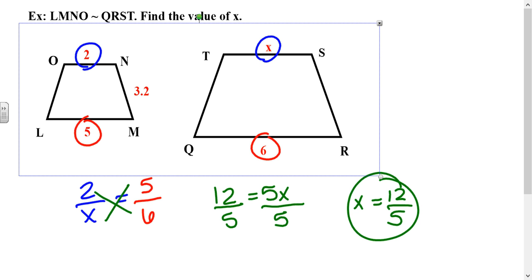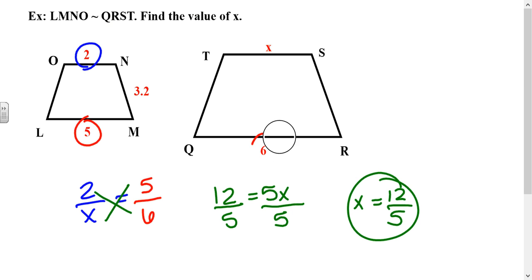Now, you could do this same problem, get the same exact answer by setting up your proportion differently. So let's say that instead of using that proportion, I have a different one. So let's go from top to bottom this time, just for fun.